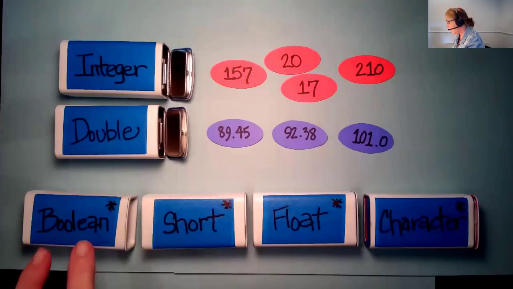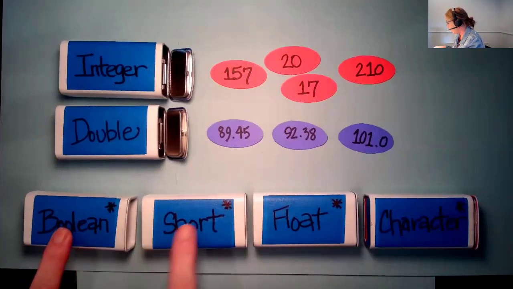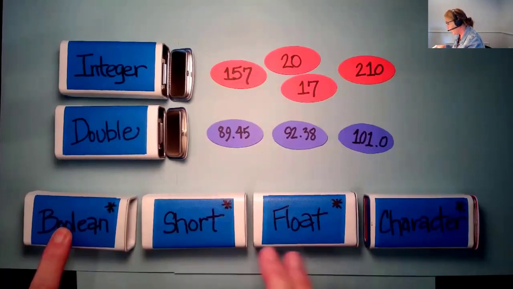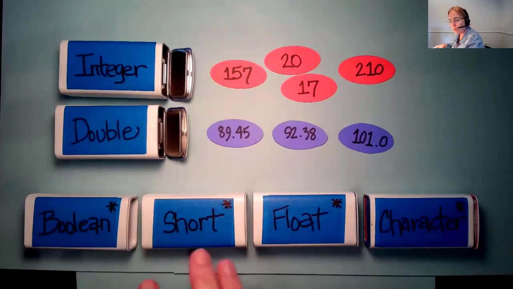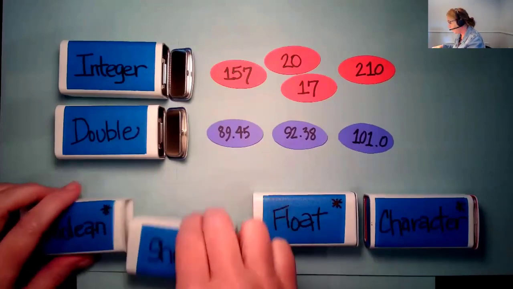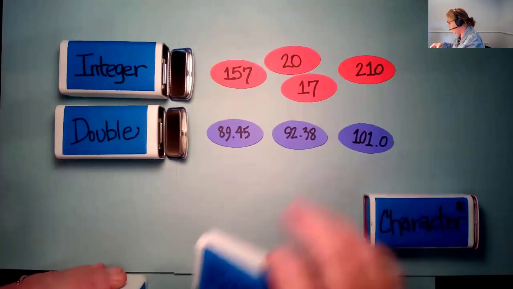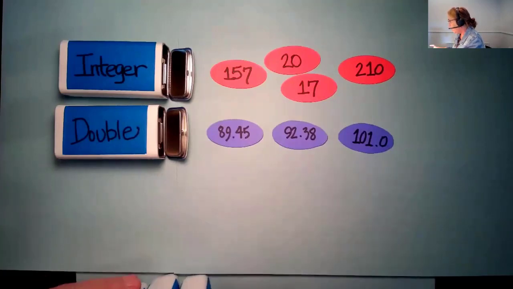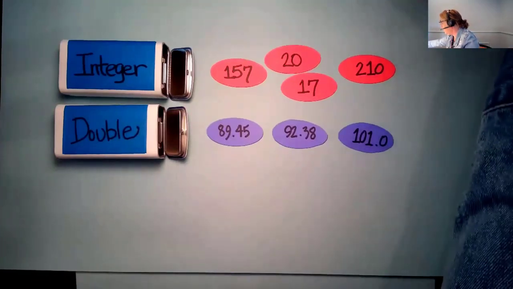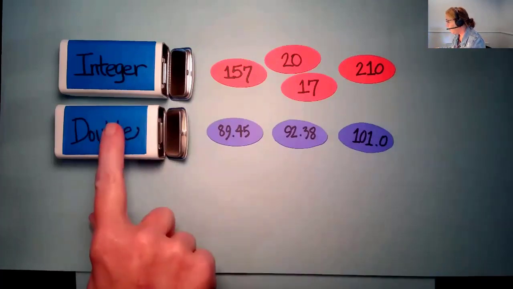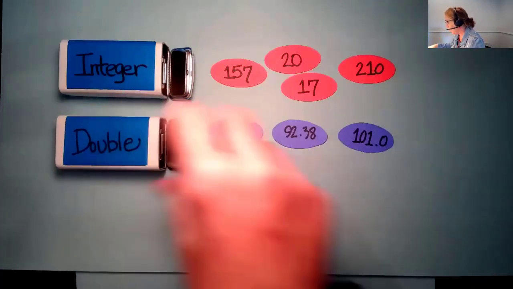Since we have Boolean, short, float, and char primitive data types, we can wrap those as well, but you're not responsible for learning those. You may or may not ever use those in your CSA course, but I wanted you to be aware that they exist. So we have a wrapper for all of our primitives if we needed them. But the 2 that you will be responsible for are Integer and Double.